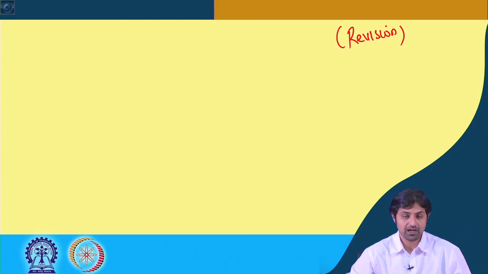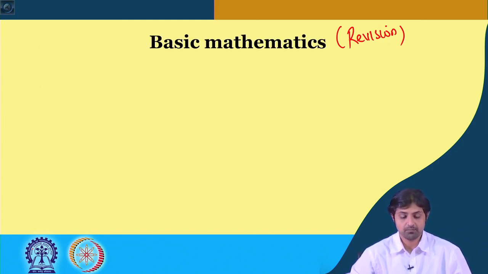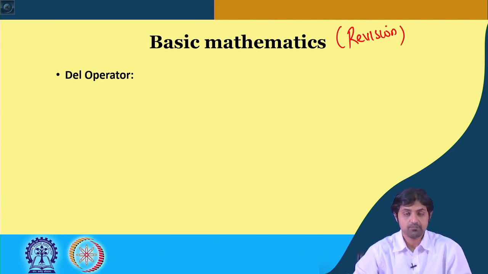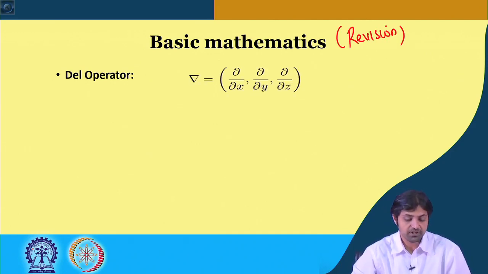flow in the pipes for fully developed flow, but before that we should revise some basic mathematics, and this concerns our mathematical operators. For example, there is an operator called del operator, which every one of you knows. It is del del x, del del y and del del z.